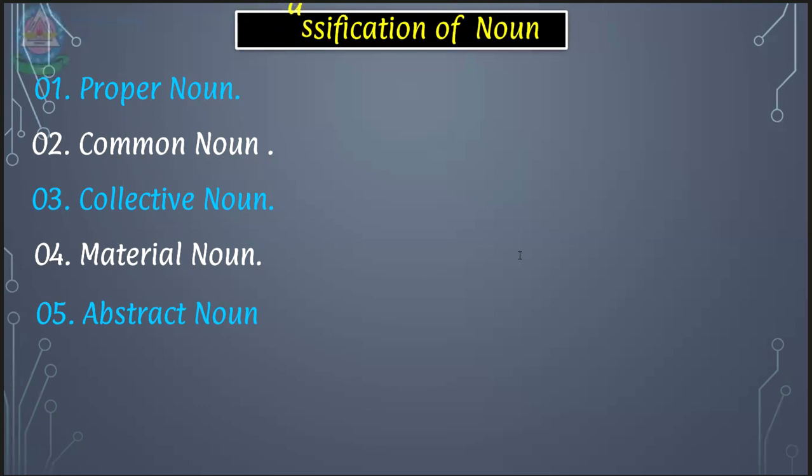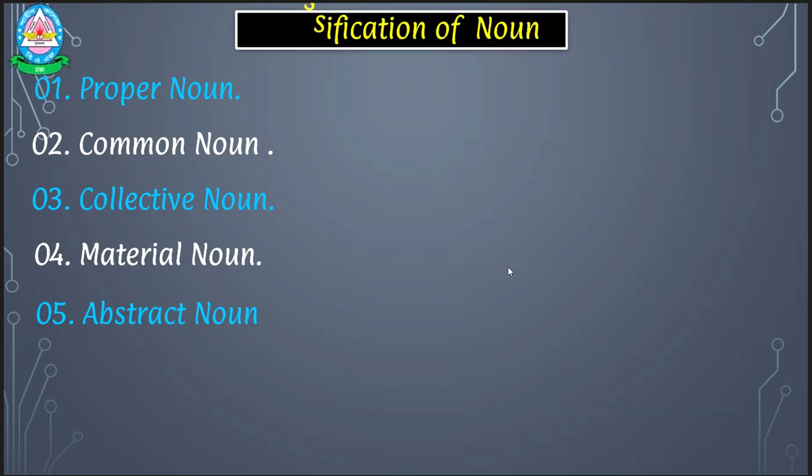So proper noun, common noun, collective noun, material noun, these are concrete noun. I mean these nouns can be seen. And number 5, abstract noun, that you can't see. This is on the basis of visibility.